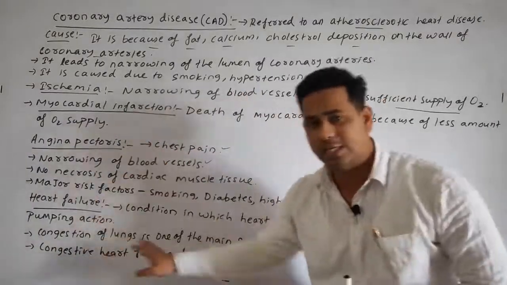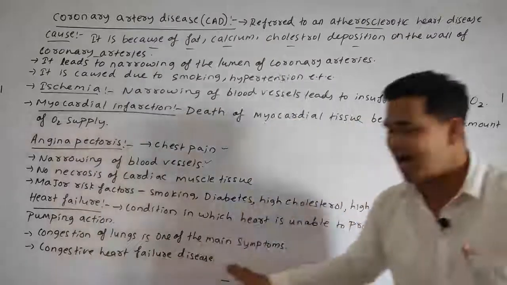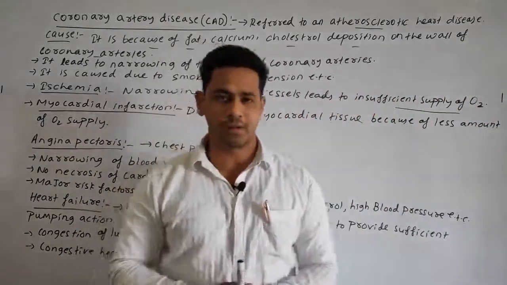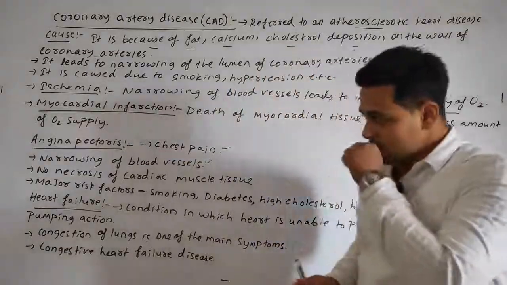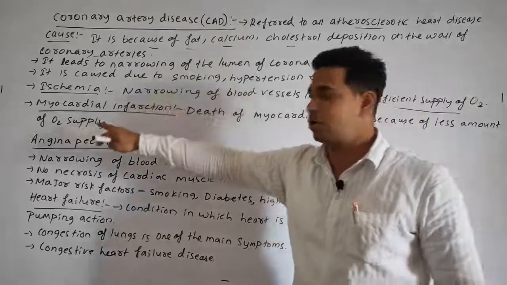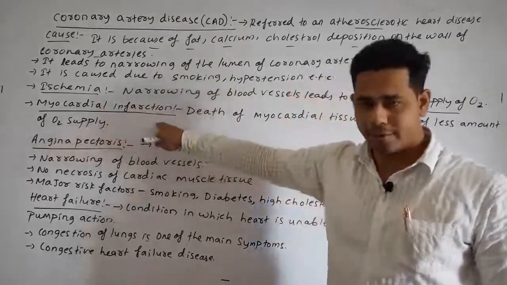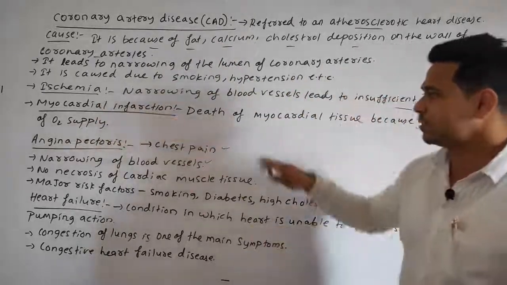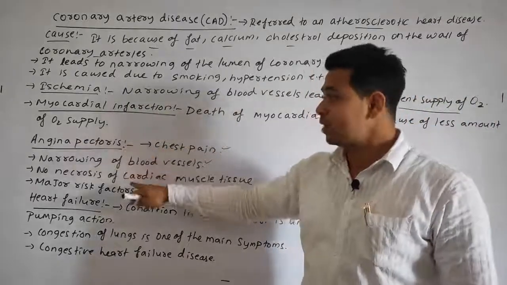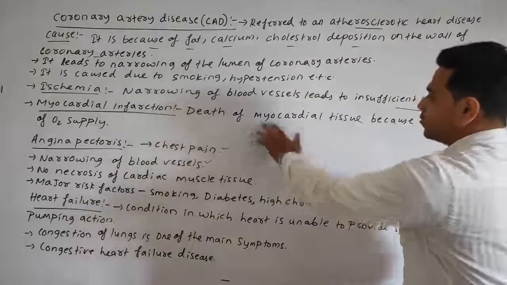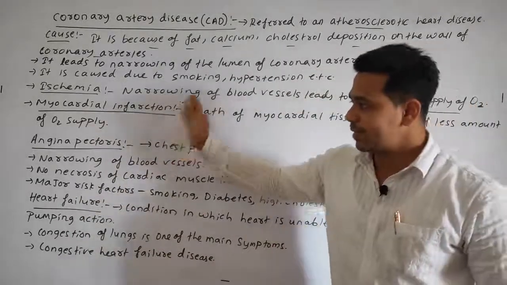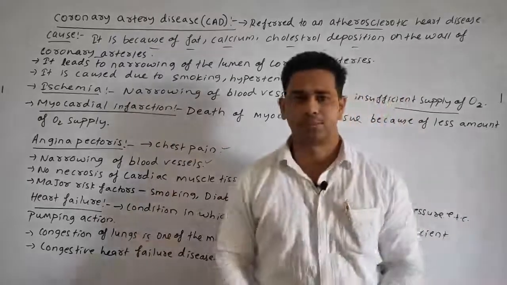This whole disease is called congestive heart failure, as the heart functions abnormally. So students, we discussed first coronary artery disease, which may cause ischemia and myocardial infarction, in which the death of the myocardial tissue takes place. In angina pectoris there is no necrosis, meaning no death of the myocardial tissue. We also discussed angina pectoris and heart failure in detail.